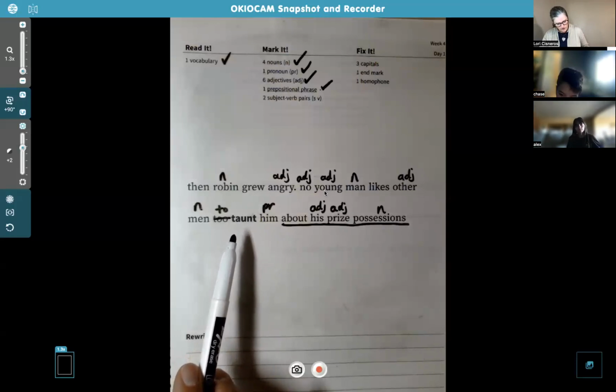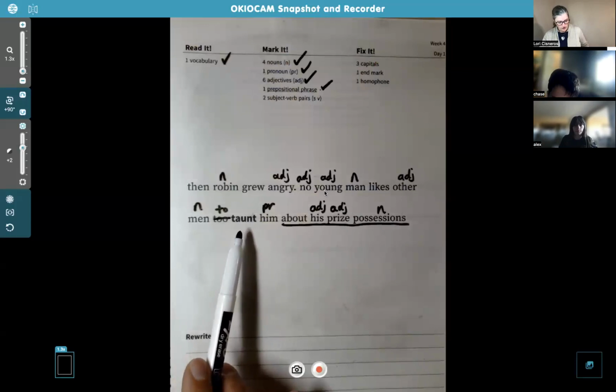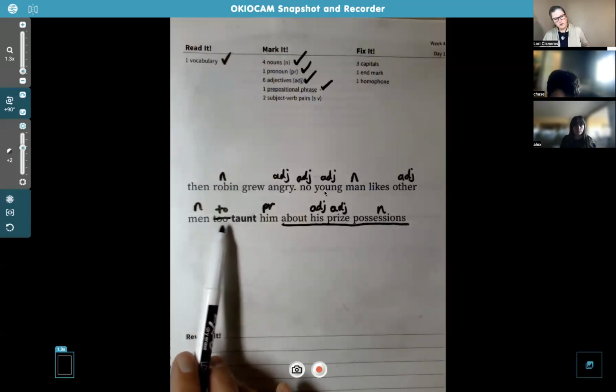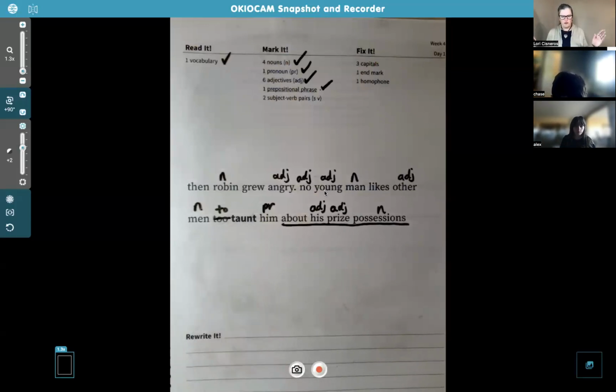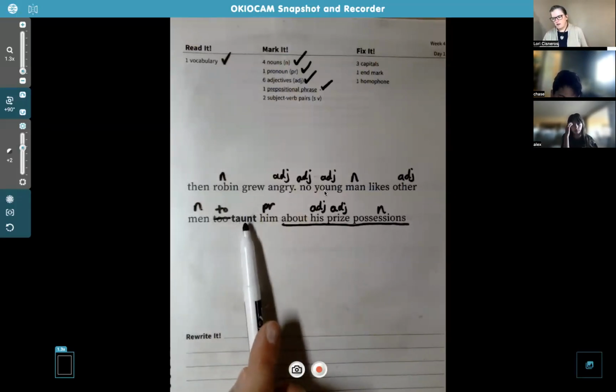So do not mark infinitives as prepositional phrases, and do not mark them as nouns or as verbs either, because to taunt is completely different than a prepositional phrase, and it's completely different than a verb, even though it is an action. I know that's confusing, but when you see to next to it like that, it's a different classification. So this is called an infinitive.